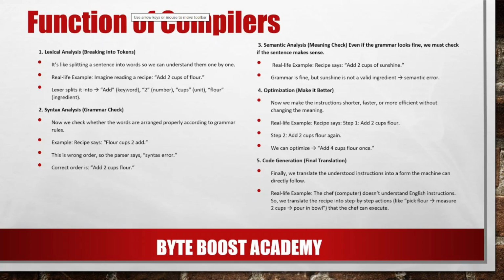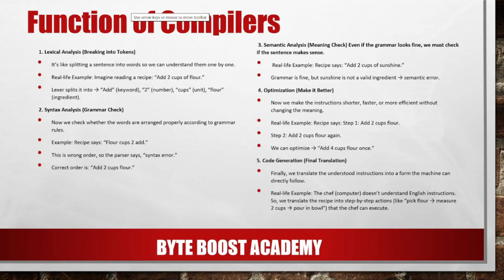We are just interested in flour, maybe butter, maybe something else. So it should make complete sense. We need to remember that the grammar may be fine, but the semantics should be correct. As I have written in this example, "add 2 cups of sunshine" is not a valid semantic. That causes a semantic error.